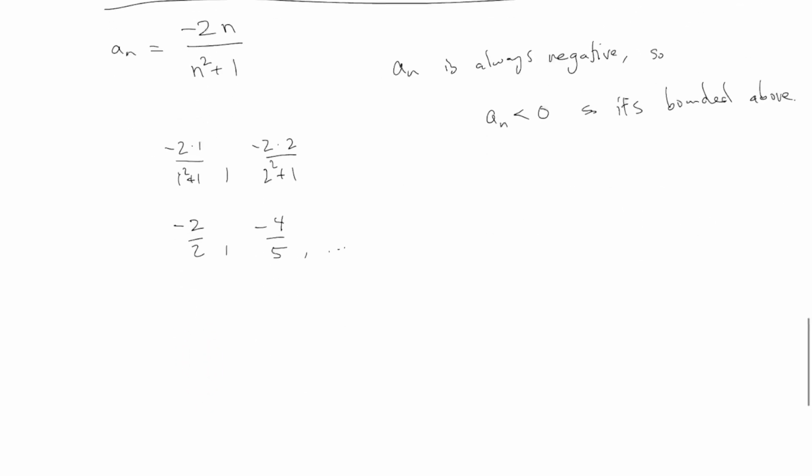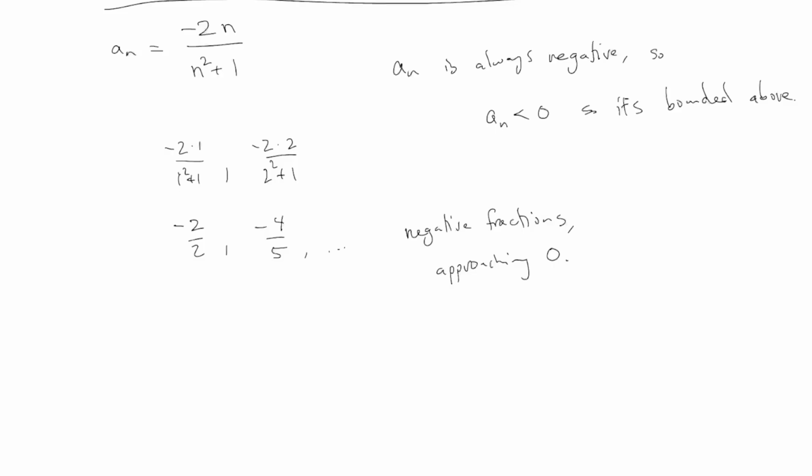These are negative fractions, and they are approaching 0. That's because the denominators are going to be bigger than the numerators. In fact, looking at this fraction, I could tell that the power on the bottom is bigger than the power on the top, and so it will approach 0.